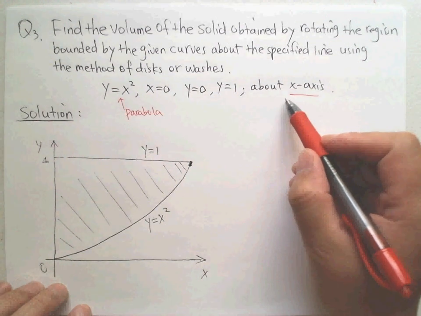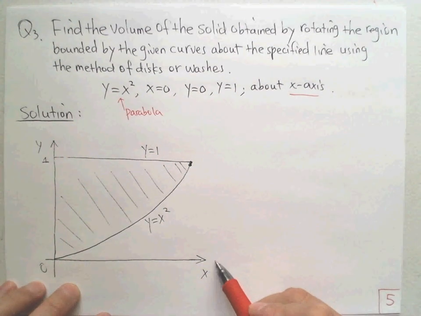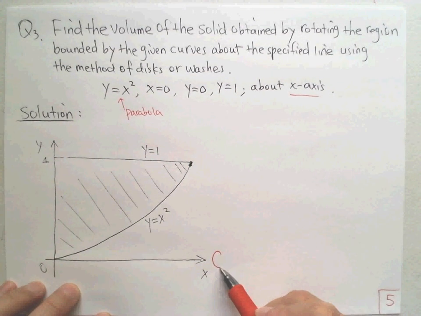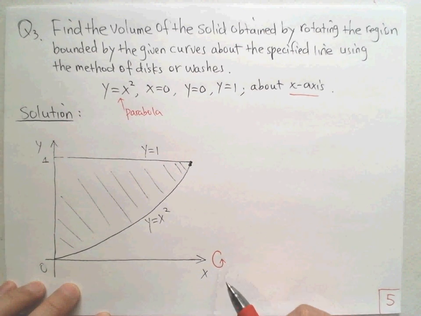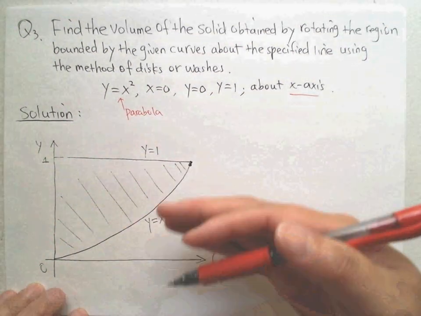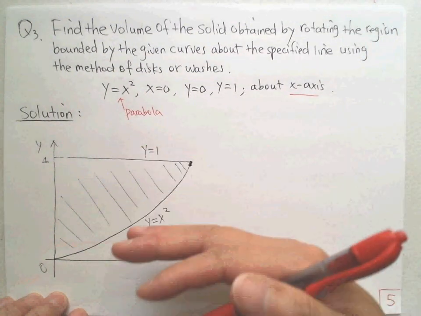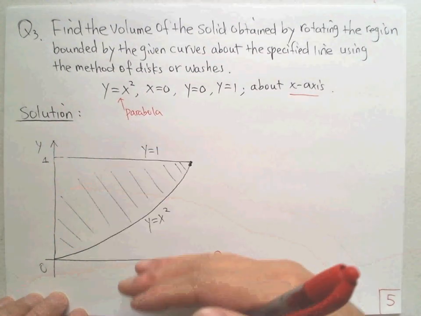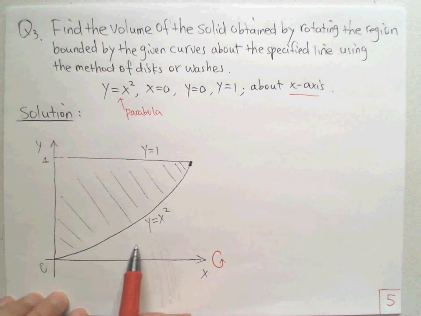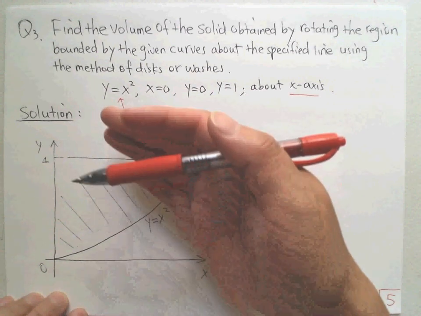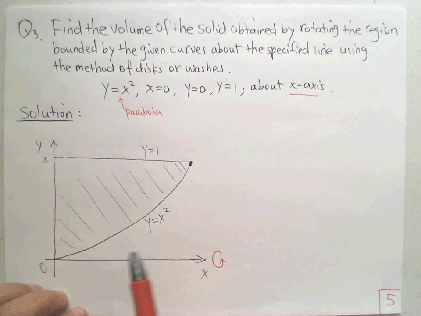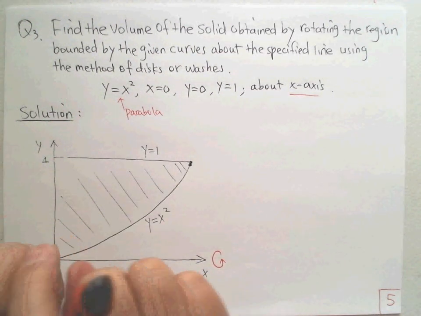But this time it is not rotated about y, it is rotated about x. We can simply draw this. Put it here, so you can imagine what the solid looks like. It is still a solid of revolution. However, we can find that the middle is empty. See, nothing here, right?